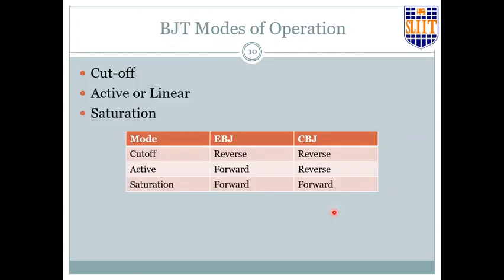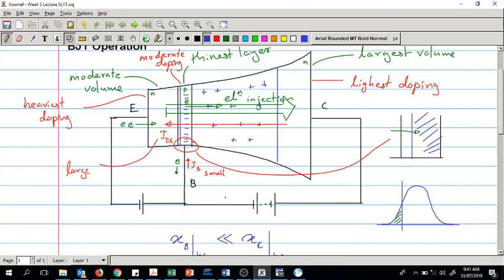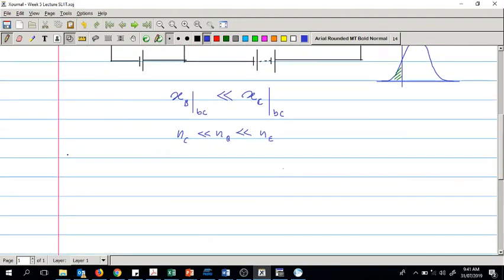Now we will look at the cutoff and saturation operations. In cutoff both will be reverse biased. So let's assume that the base is disconnected, right? Cutoff operation, let's assume that you have something like this.